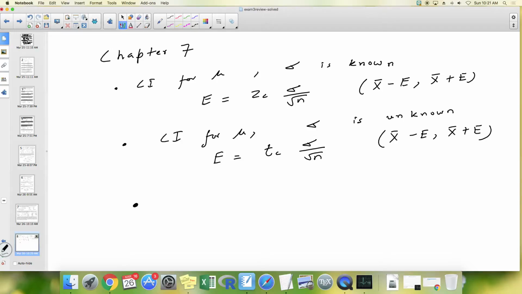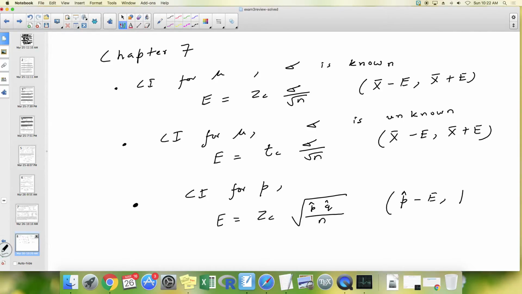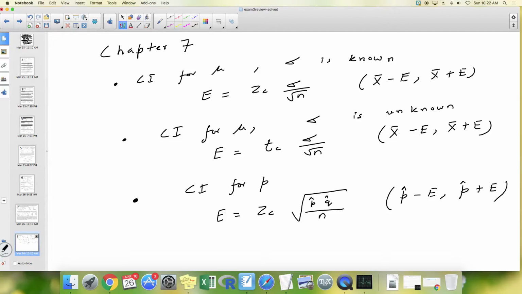And the third thing we did was different. It was confidence interval for P, and there's no sigma. So there E was ZC times square root of P hat Q hat by N. And the confidence interval was P hat minus E comma P hat plus E. Now, what I'm trying to say is, it's you who have to determine which of these we have to do.